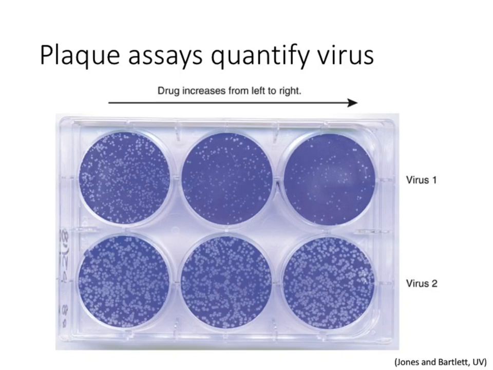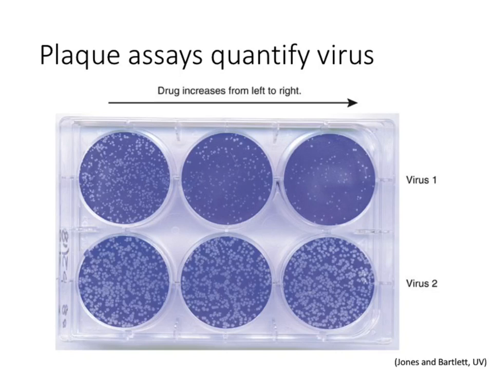You also add maybe a thin layer of agar or another type of solidifying agent that would prevent the virus from freely floating on the plate. And what that allows is for the virus to infect a single cell, replicate, infect those around it, replicate, and so on and so forth, producing these plaques.